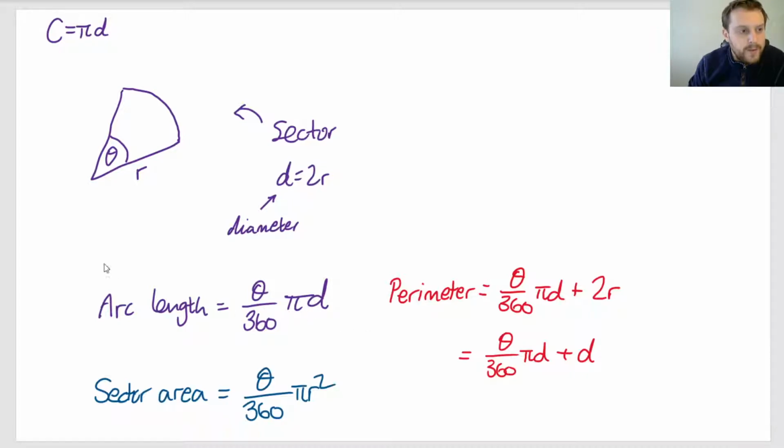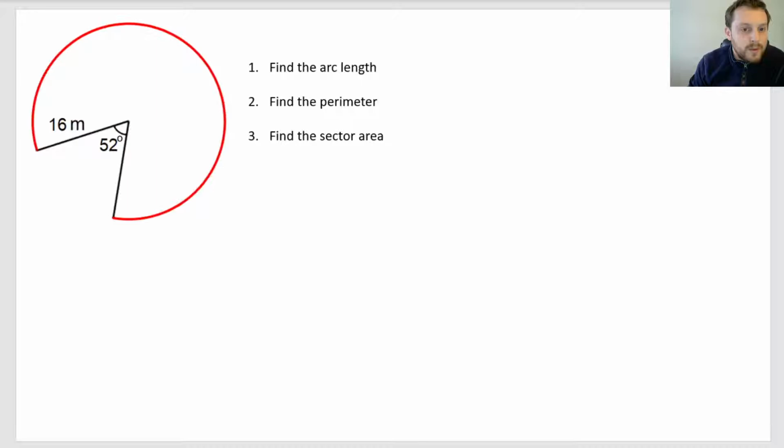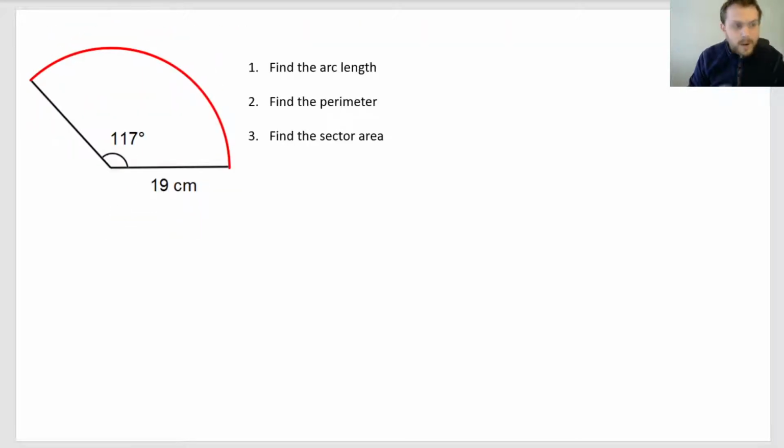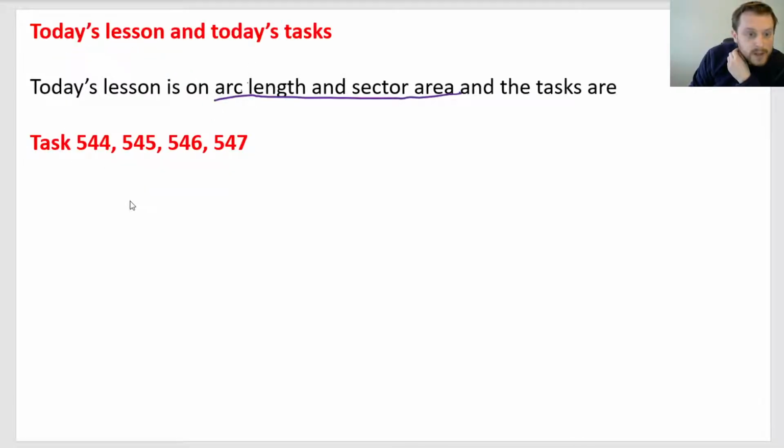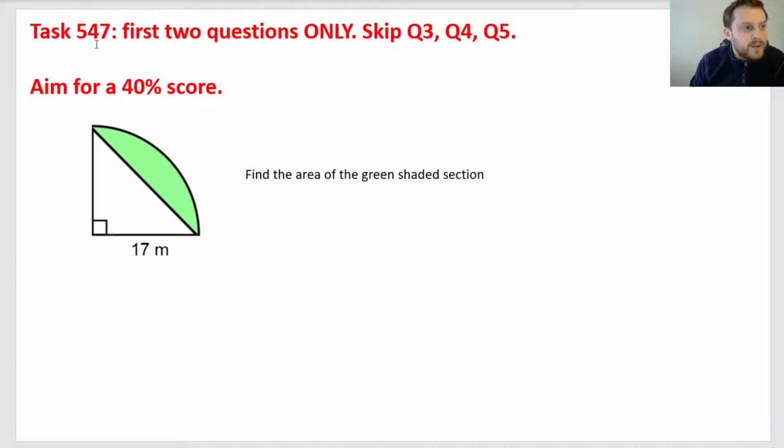Of course, if you're stuck any further, I am going to go through a few more examples. But at this point, you could just get started on the Hegarty tasks, which are task 544, 545, 546, and 547. There is something to say about task 547 if you do want to get started. Will you do question 1 and 2 and make sure you get them both correct, and then just press skip on question 3, 4, and 5, okay?